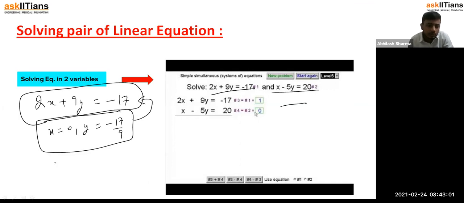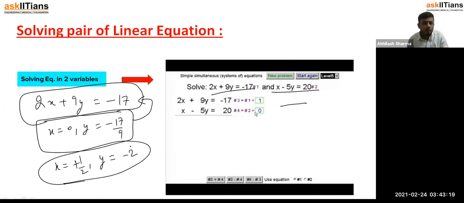Yes, if you put x equal to, let's say, minus half and y equal to plus half, let us just take it plus half only. So if x is half and y is minus 2, then clearly this is also a valid solution of this equation, right?